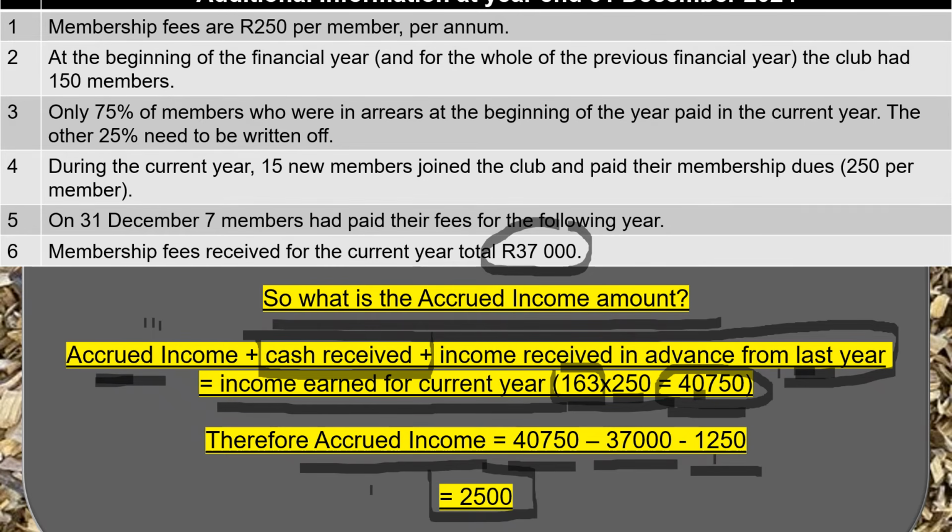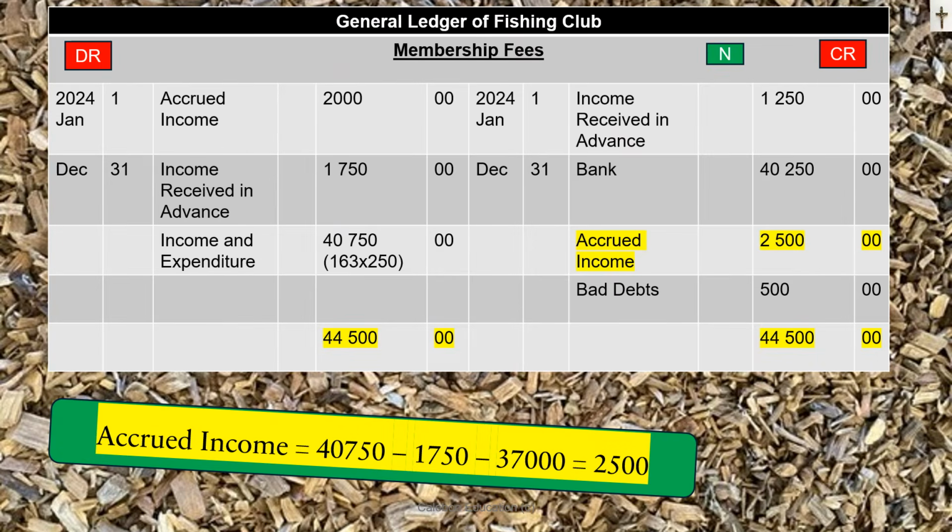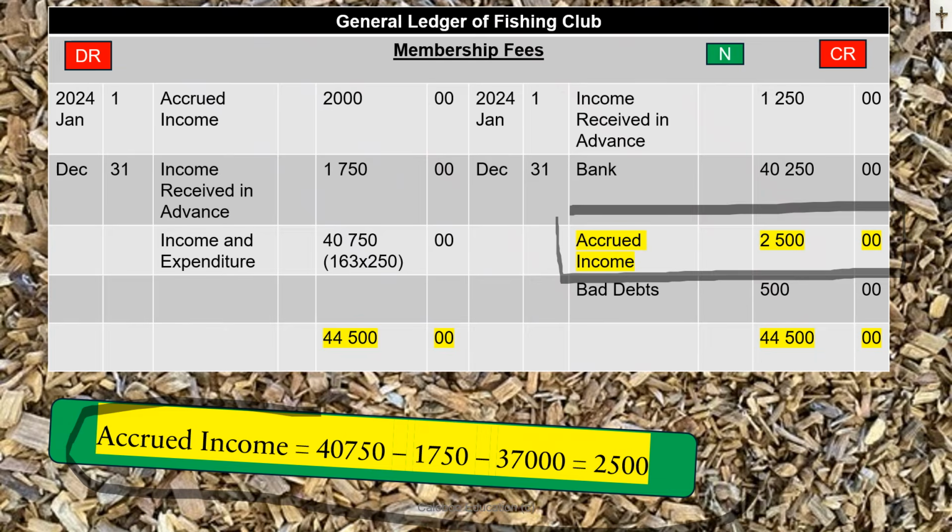If you go back in the video, you can also solve for accrued income by completing the general ledger account. So there it is, accrued income 2,500, and I just calculated it like that.